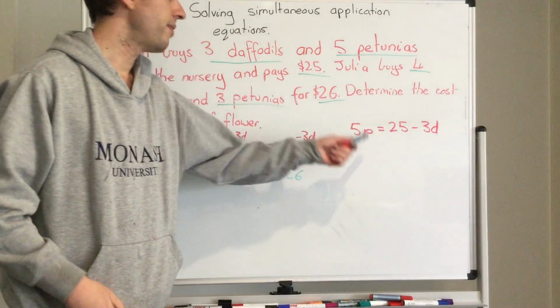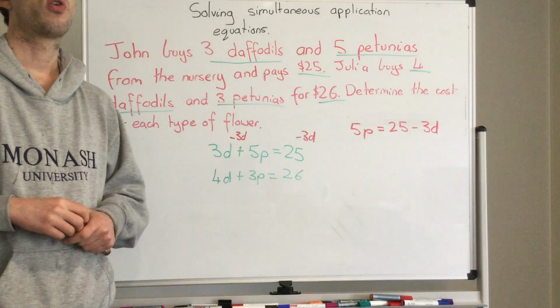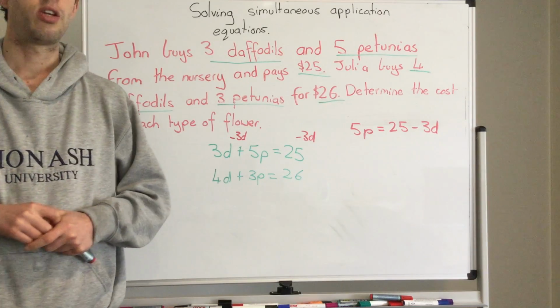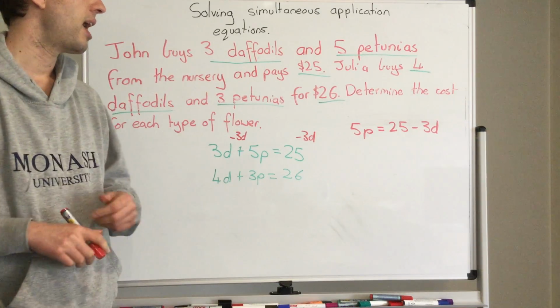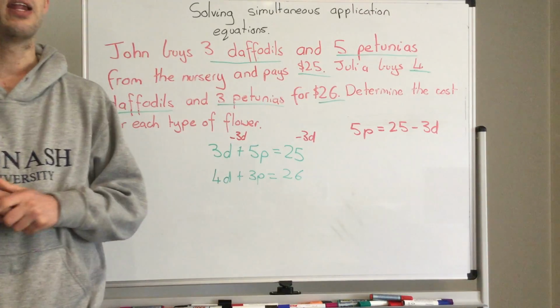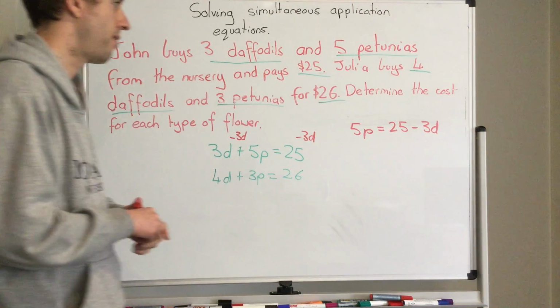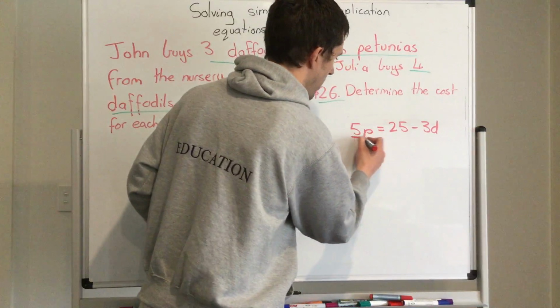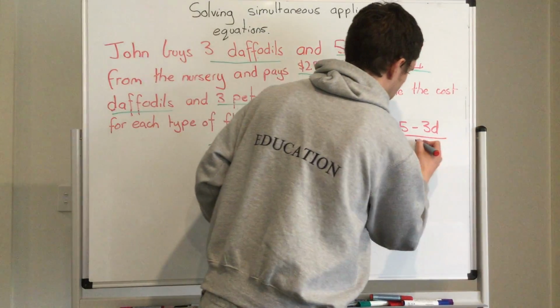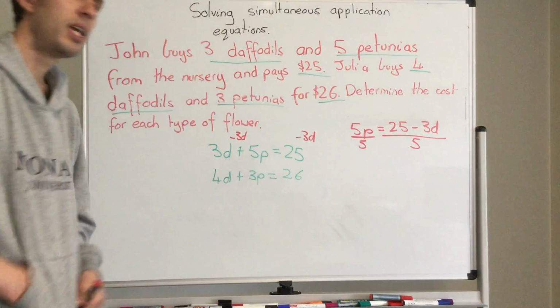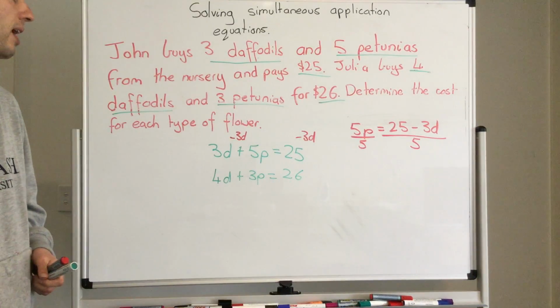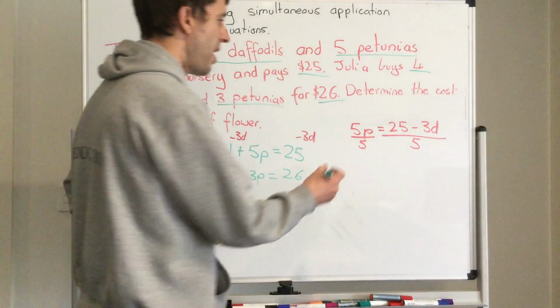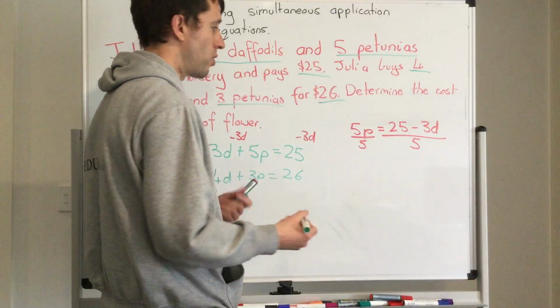Now, I've still got a 5 with the P. I do not want that. So for me to fix that, I need to divide the other side by 5. So I'm going to divide both sides by 5. If I divide both sides by 5, that just means I am doing 5 divided by 5 equals 1.